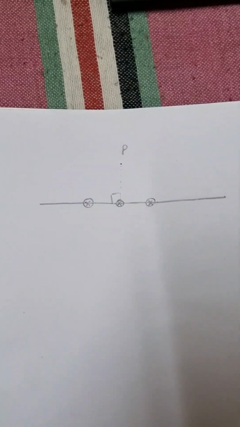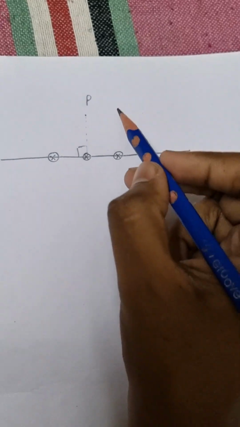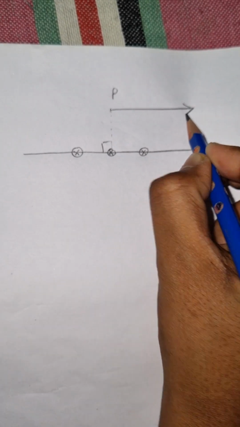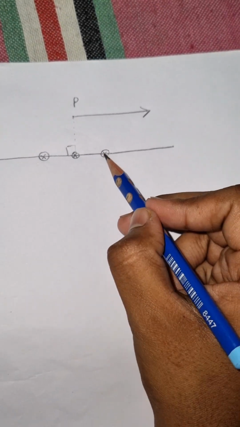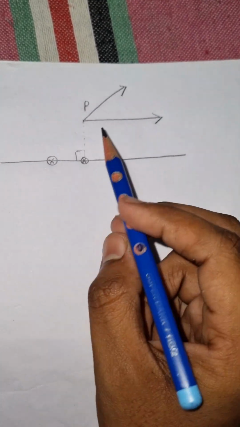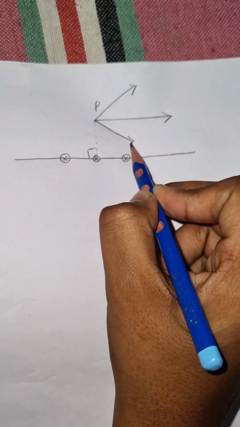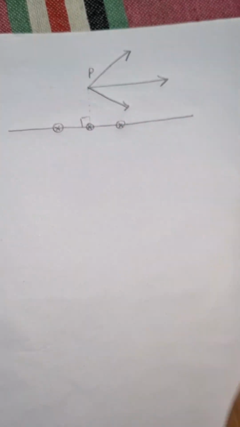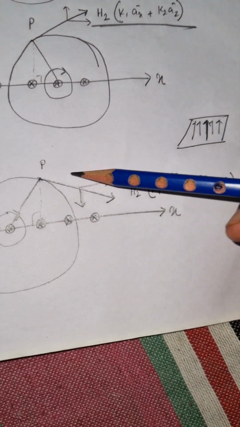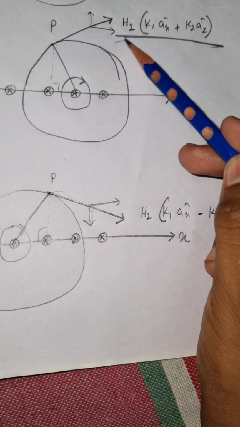Let's check it out. So at point P, due to this, it is this. Now for this one at P point, it is this, and for this one at this point, it is this. And now, as we said in the previous page, these two and this are equal in mod values.